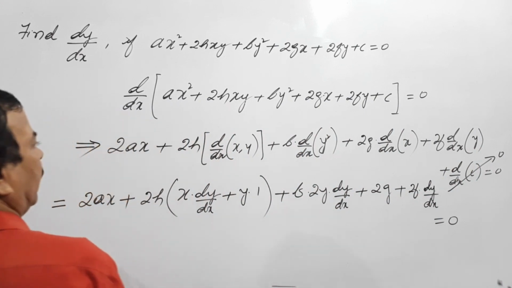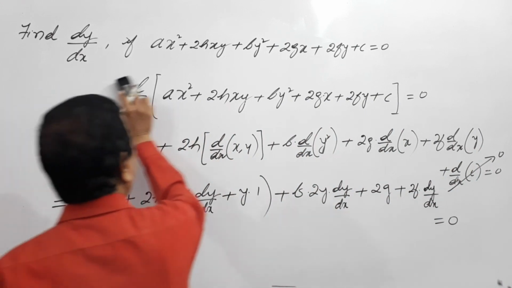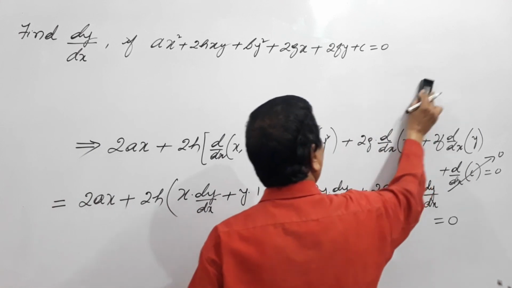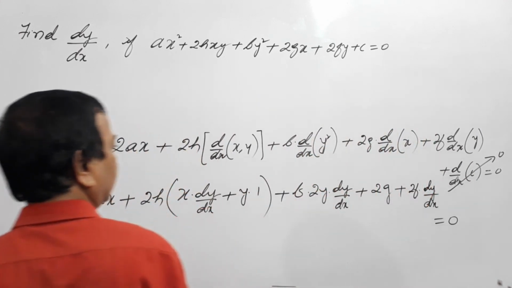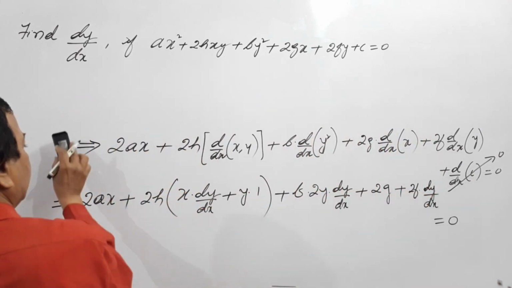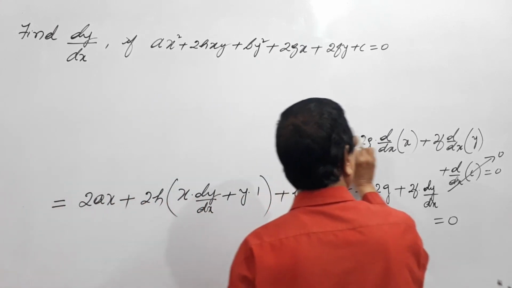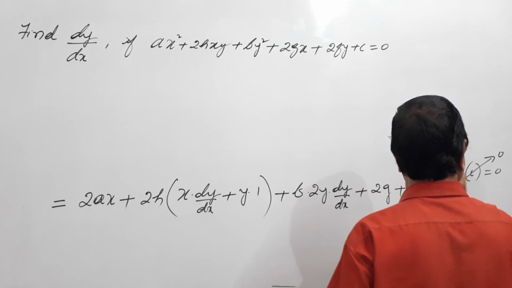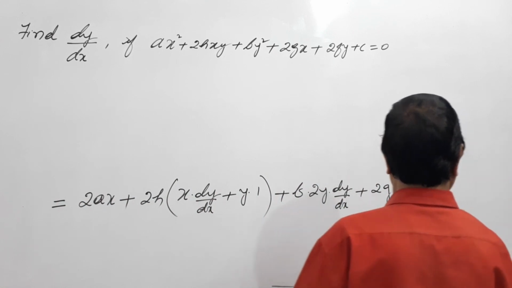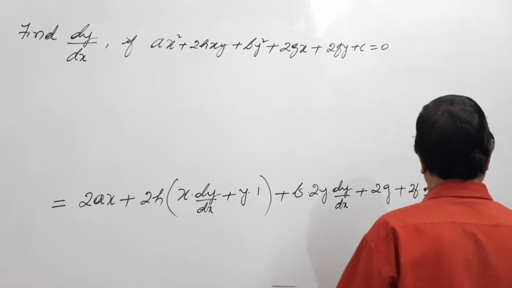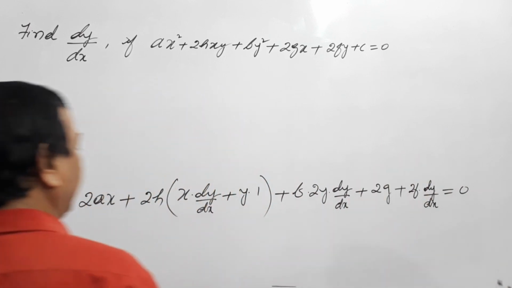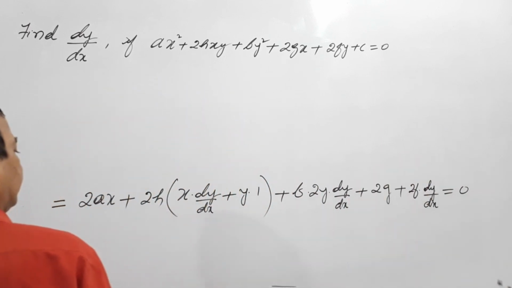So let's simplify this. I'll rub this. I'll rub this too. Well, I don't want you to get confused. Equals to 0, that I have written there. So what happens here?